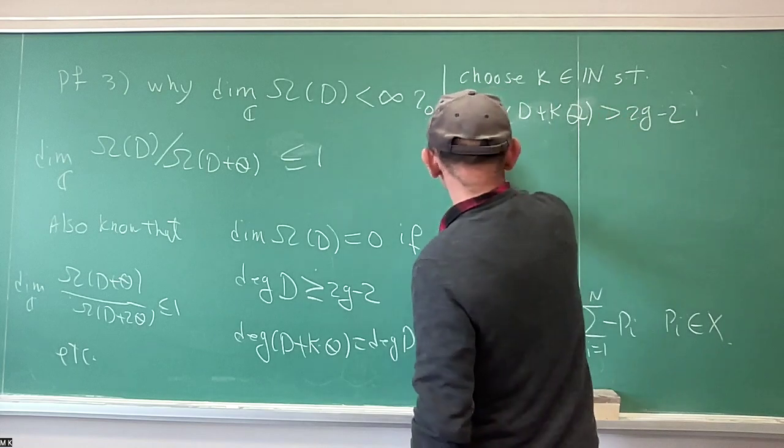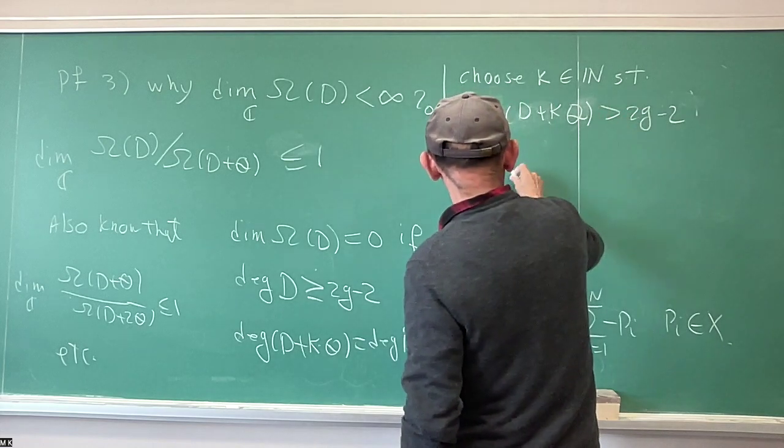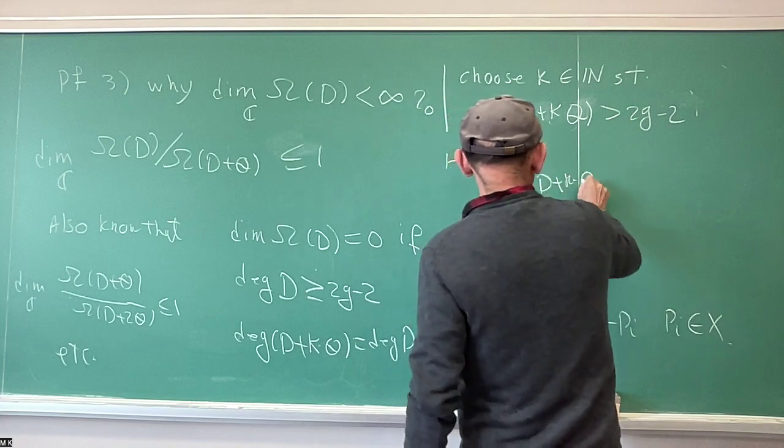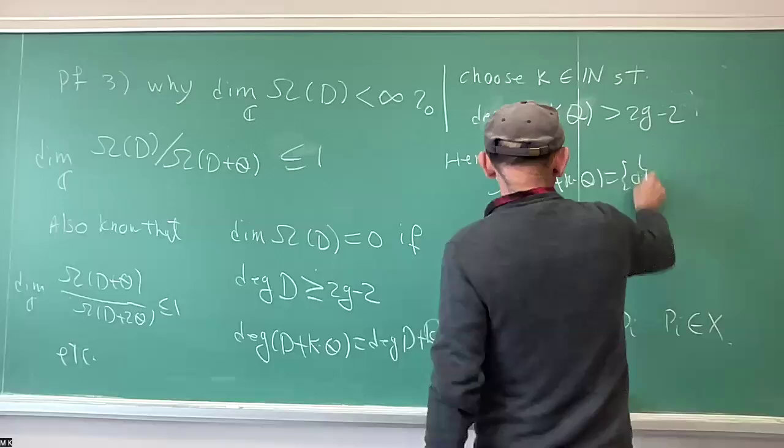Hence, omega of D plus kQ is equal to 0.